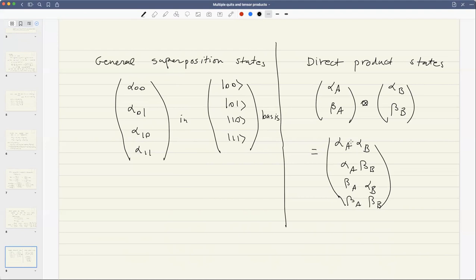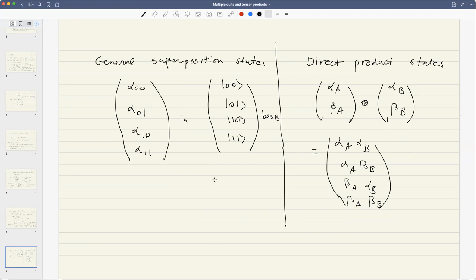So if you call this alpha 00, call this alpha 01, alpha 10, alpha 11, we're going to be fine. It may take a little bit of effort to show that if these individual single particle states are normalized, then this tensor product is also normalized. So that's something we'll discuss not in this lecture, a little bit later, but that's indeed true. So if these are normalized, that's going to be a properly normalized superposition.